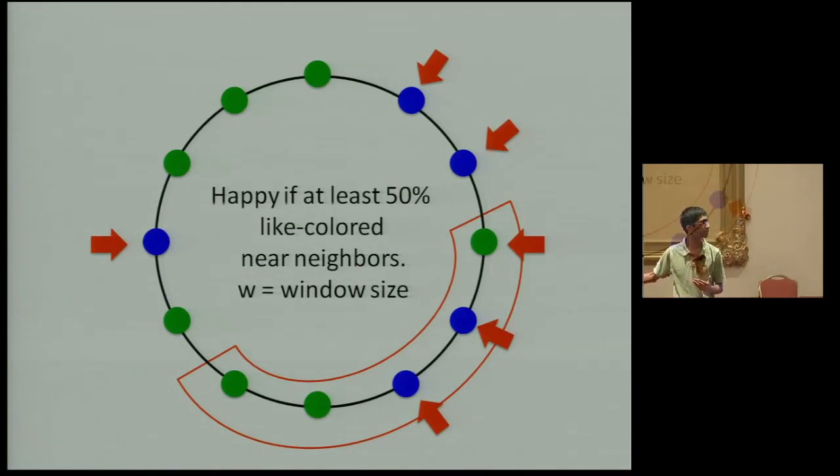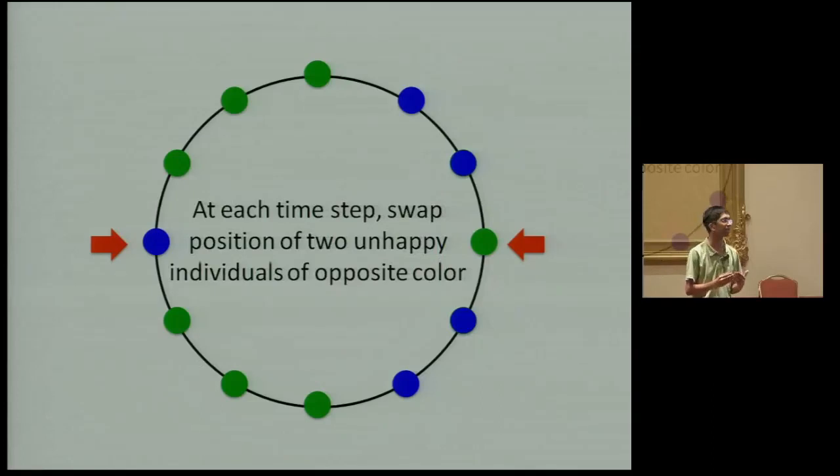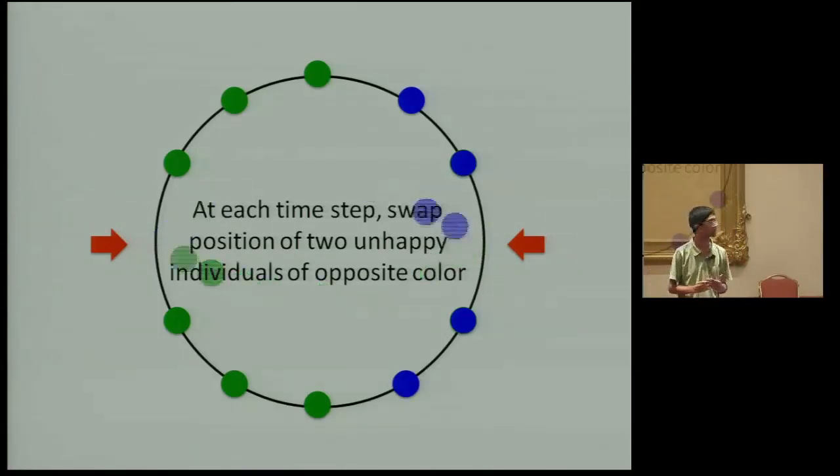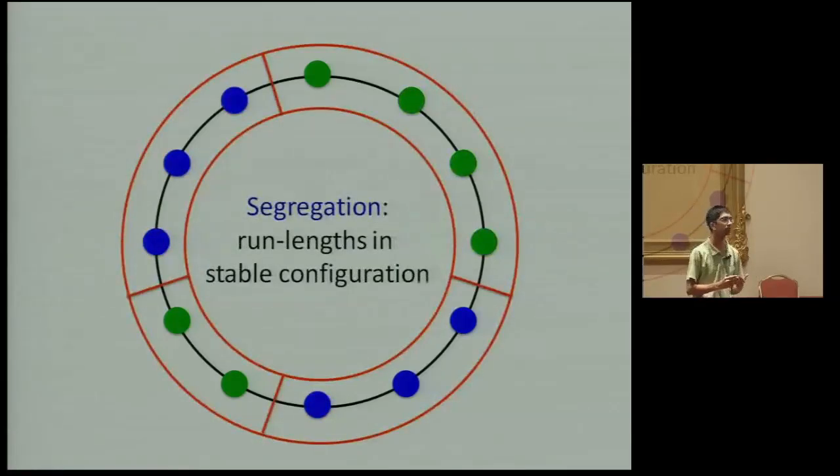So the question now is, what do unhappy individuals do? At each time step, we swap the location of 2 unhappy individuals of opposite colors. So this unhappy blue and unhappy green will swap. The final thing is, we're studying the process of segregation, so how exactly do we measure segregation here? The answer is by looking at run lengths.